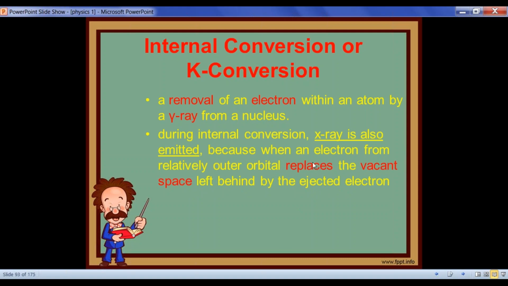So, it replaces the ejected electron, and because of that, it also emits characteristic X-rays. In a while, we will also discuss how characteristic X-rays are produced. The electron ejected is called conversion electron. So, pag sinabi po natin internal conversion or K conversion, ito po ay removal of electron within an atom by a gamma ray from the nucleus.